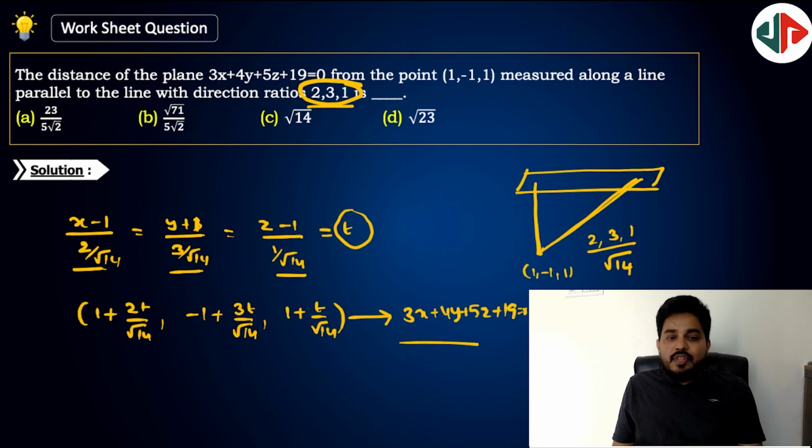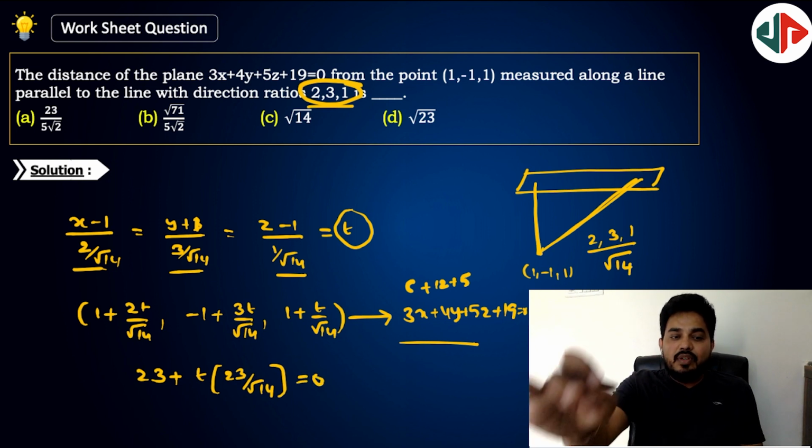So when I substitute here, 3 minus 4 plus 5, what is this? 8 minus 4 is 4, and 4 plus 19 is 23. If I take t out, the coefficient is (6 + 12 + 5)/√14, which is 23/√14. So 23 + 23t/√14 = 0.